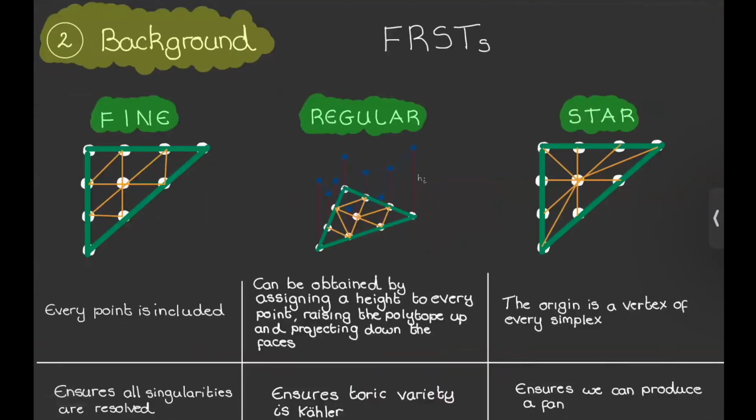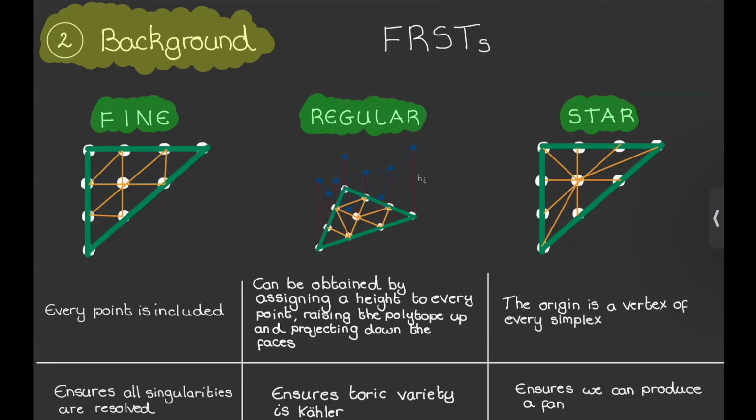So what exactly do I mean by fine regular star? Well, fine triangulations just mean that every point is included in the triangulation, and that just means that all of your singularities get resolved. And then a regular triangulation is one you can obtain by basically assigning a height to every point in the polytope, raising the polytope up one higher dimension using these heights, and then taking the convex hull of the higher dimensional polytope and projecting down the lower faces. And this is what gives you your triangulation.